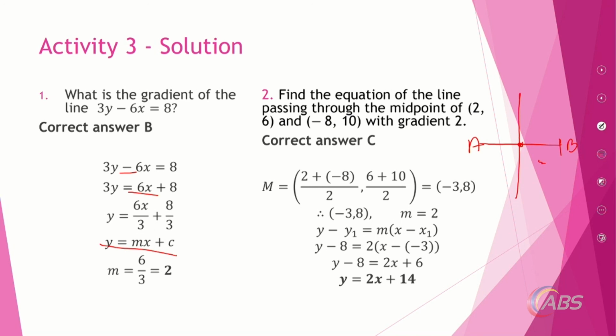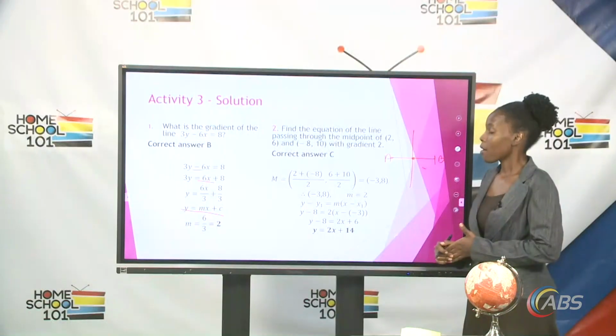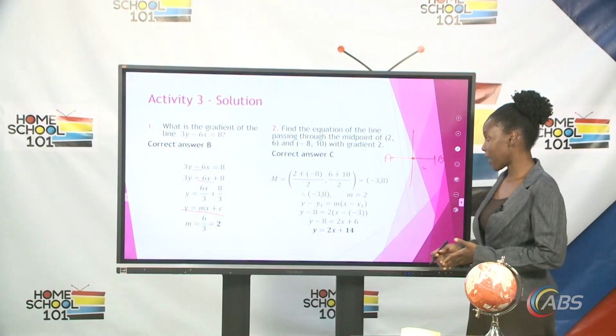So in order to get the point on the line, we would need to take the midpoint of A and B. To find the midpoint, we use the formula (x1 plus x2) divided by 2, comma (y1 plus y2) divided by 2.